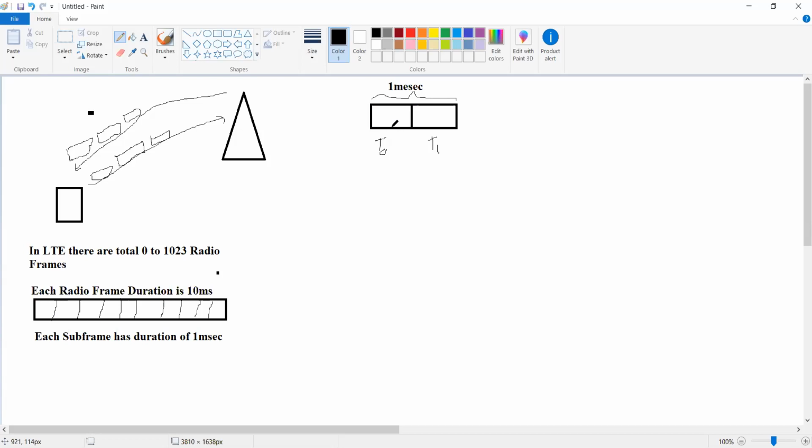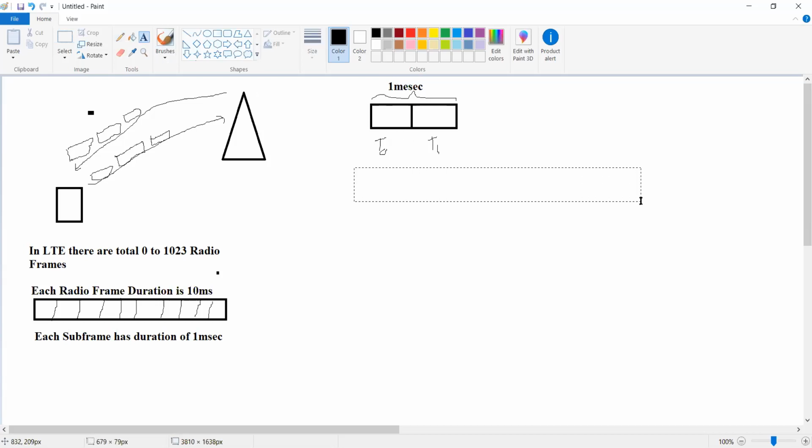This is an interview question in any company. Whenever you attend, they will ask what the LTE frame structure is. So you can tell that in LTE there are radio frames of 10 millisecond duration, which have subframes of 1 millisecond duration. Each subframe has 2 time slots of 0.5 millisecond, since 1 millisecond is divided into 2.